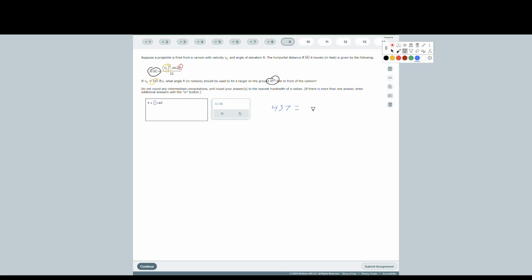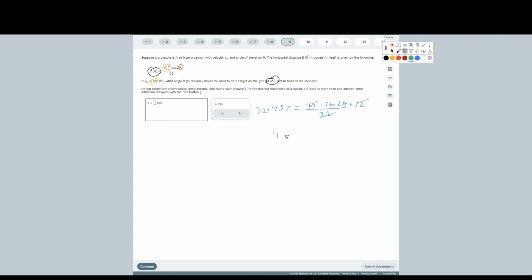and that's going to give us 457 equals 160 squared times sine of 2 theta all over 32. So multiply by 32, multiply by 32. Those will cancel out.